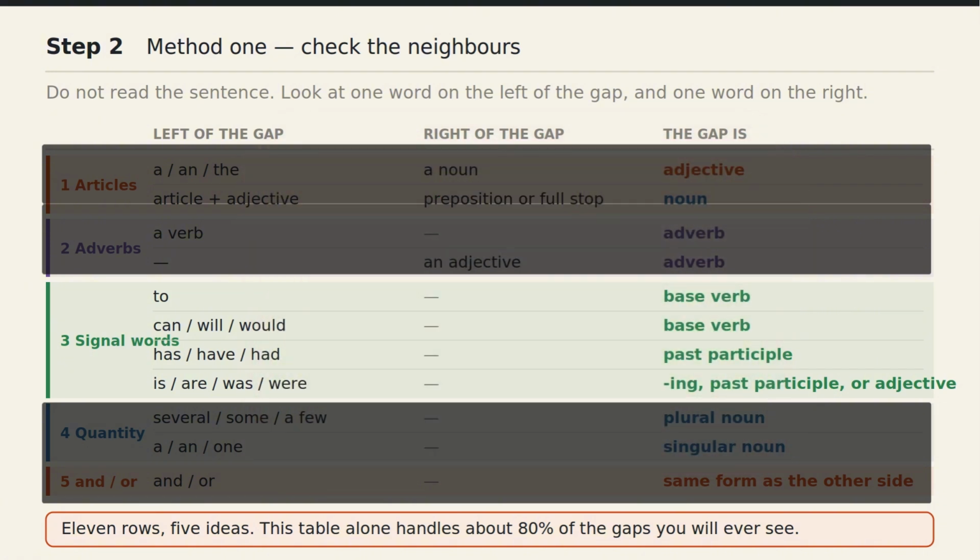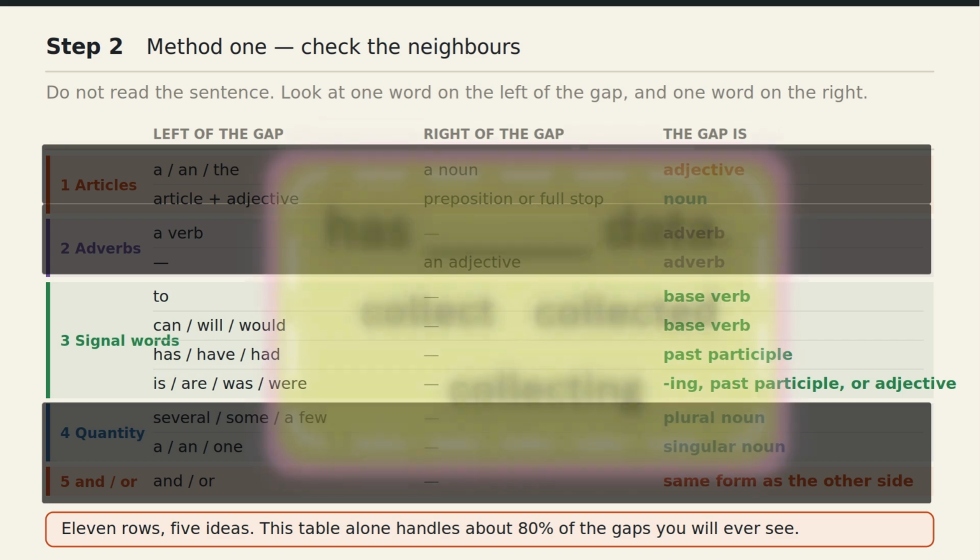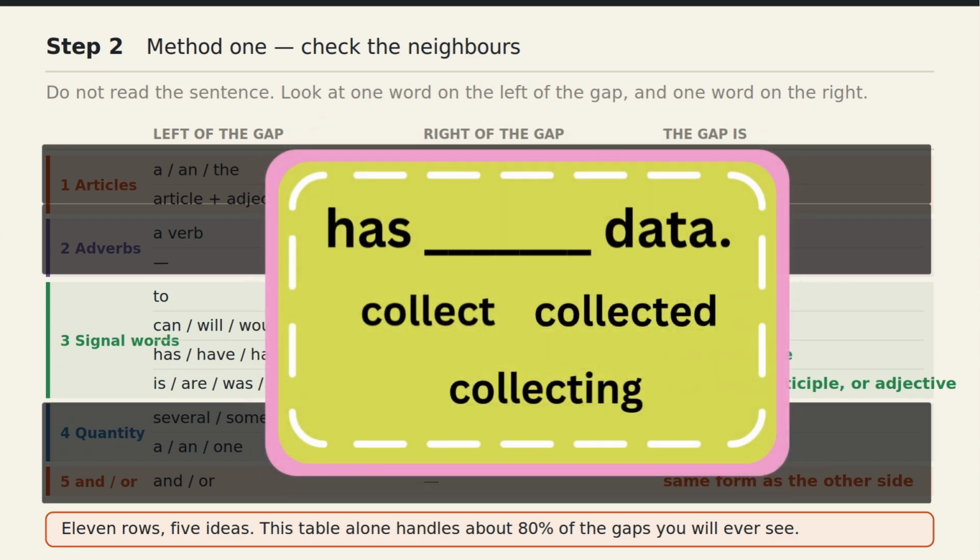And the same thing with can, will, would, should, and must. They take a base verb. And has, have, and had take the past participle. For example, "has gap the data": collect, collected, collecting. Collected.